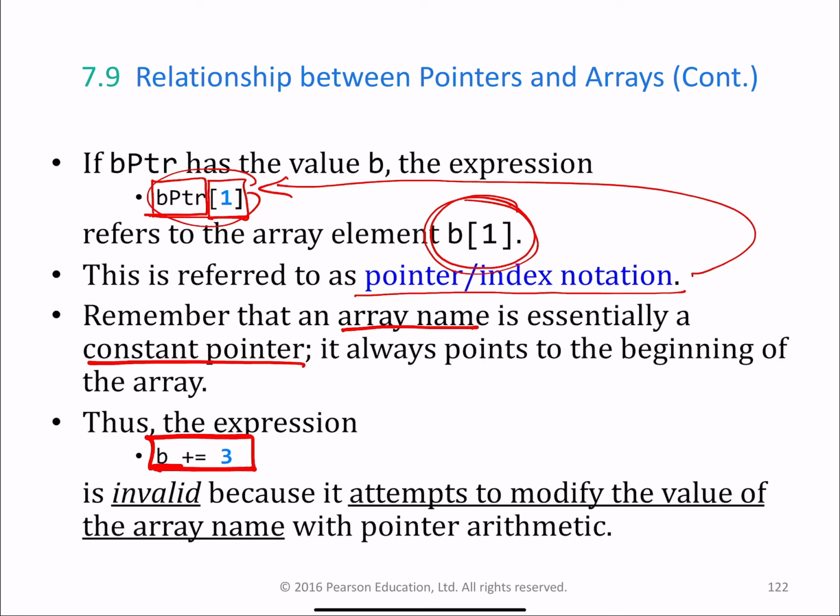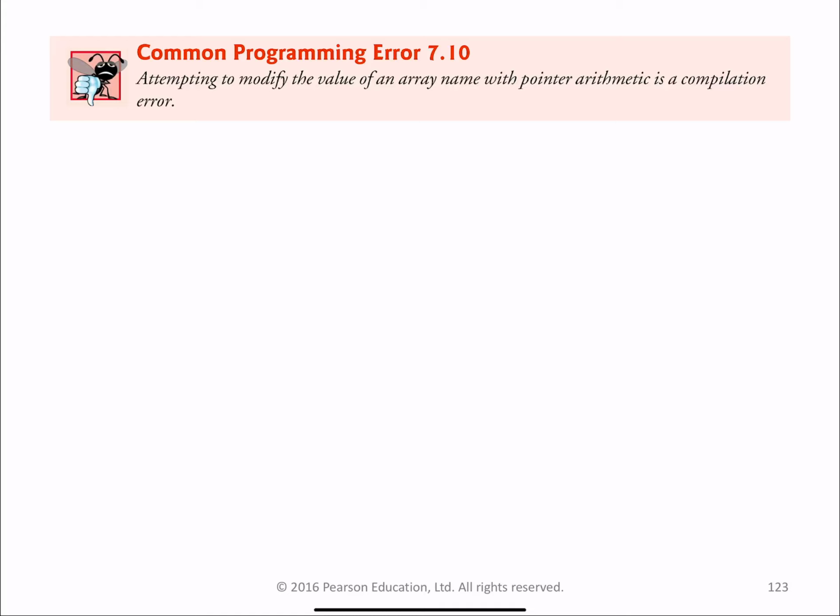An array name will always point at the 0th element in it. So this would definitely give you some kind of error. This is invalid. So like I said, try to modify the value of an array name with pointer arithmetic and you'll get a compiler error.